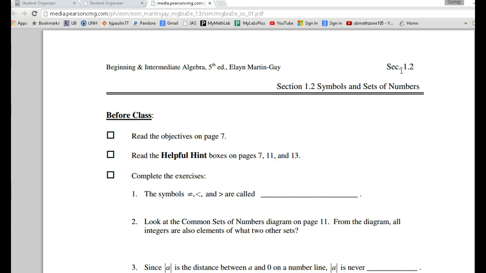But this is what these helps are like. And you could print any of this out that you like. Now it's telling you to read the objectives on page 7. Again, you would use this with your textbook. Read the helpful hints.